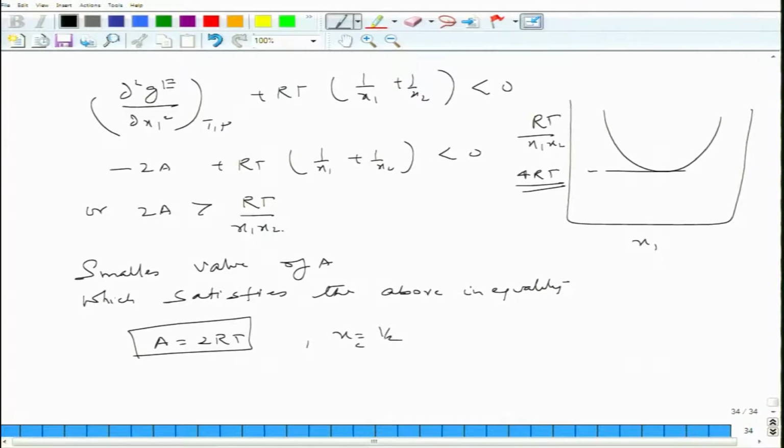So you are saying that A should satisfy the inequality, should be greater than 2 RT.